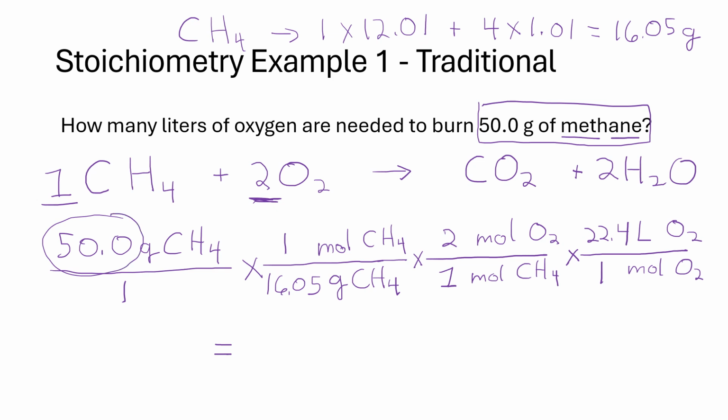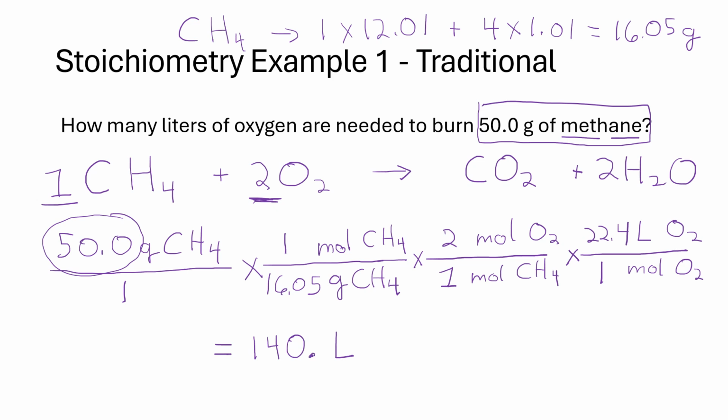And we were given 50.0. Trailing zeros are significant if the decimal's written, so both of those zeros count as sig figs, and we've got 3 sig figs in our given. So that's going to make me round my answer to 140 liters. To make sure that we're indicating that 0 is a sig fig, I'm going to write the decimal point.